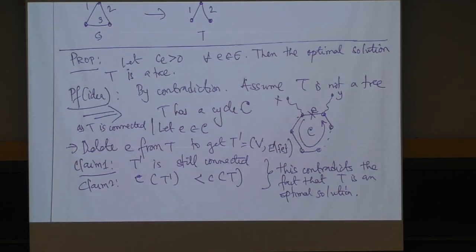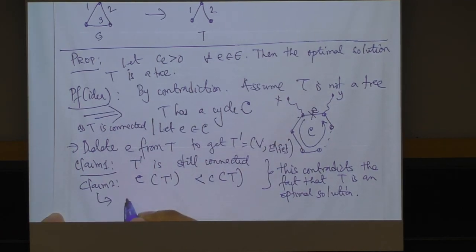Instead of taking that short edge, you take the rest of the cycle, and X and Y still remain connected. So this essentially argues that any pair of vertices that were originally connected still remain connected, and since our assumption originally was that T is connected, this means that the new T prime is also connected.